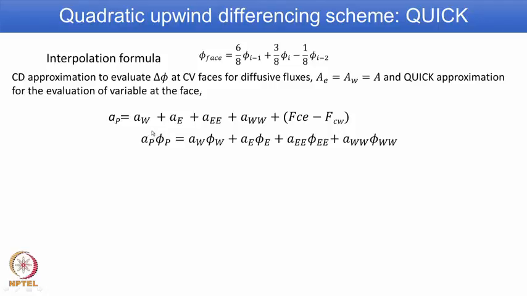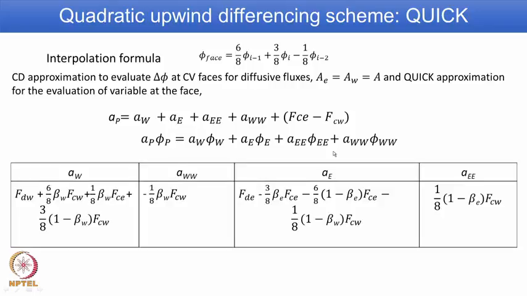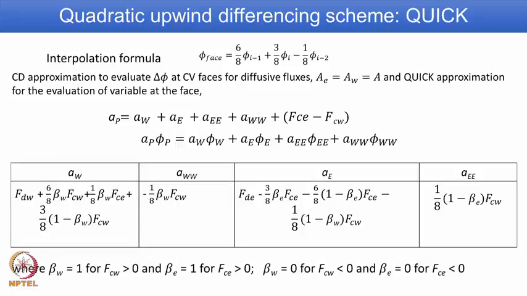AP is equal to AW plus AE plus AWW plus the remaining terms, and phi P is related to the neighboring coefficients as shown here. We already listed AW, AWW, AE and AEE. In this problem the flow is only from left to right, so accordingly the coefficients are taken only suiting this problem, and beta is defined as we did before.